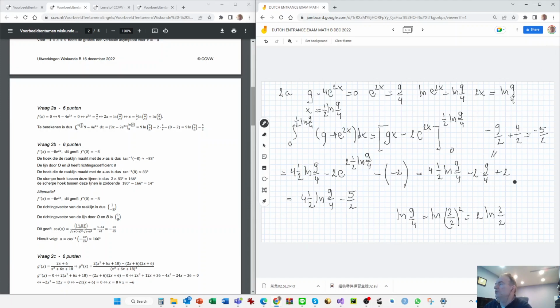So it's always possible to rewrite the argument in the logarithm this way. If you just do that here, you actually get 9 times log 3/2, but this answer is definitely correct.